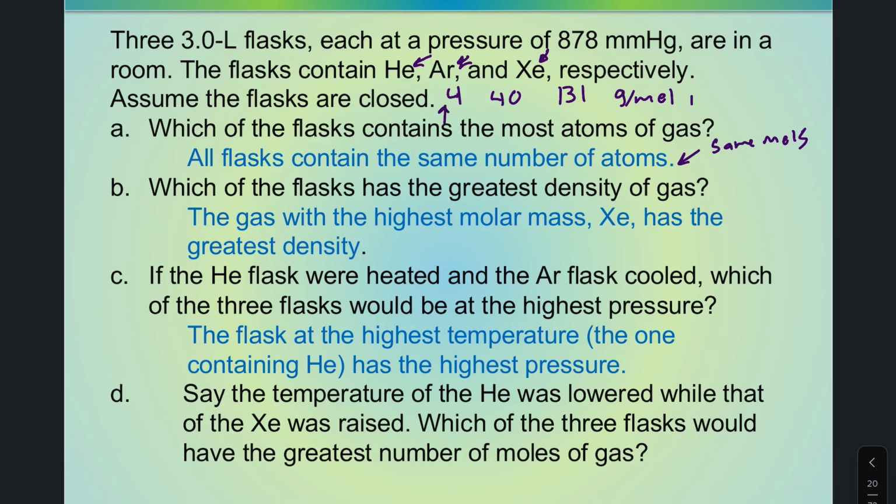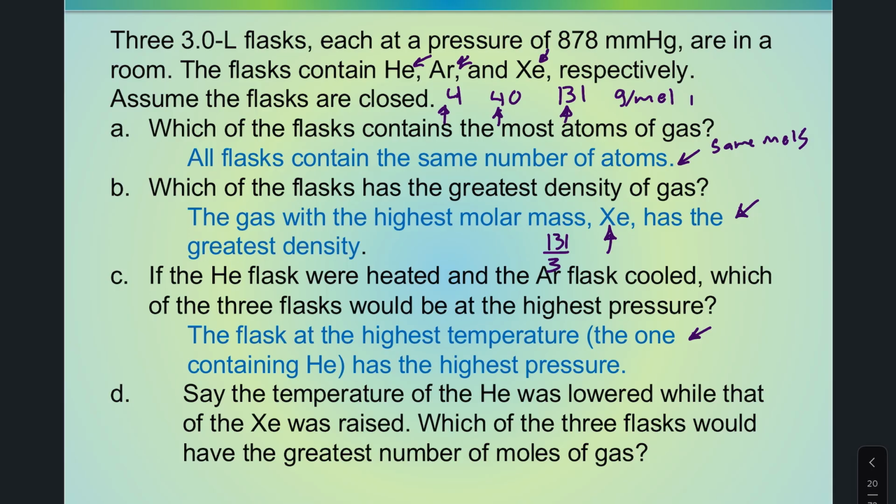We'll have 4 grams, 40 grams, and 131 grams. And if we have the same volumes, that means that's 4 divided by 3, 40 divided by 3, and 131 divided by 3. That means that xenon is going to have the highest one because that's 131 divided by 3.